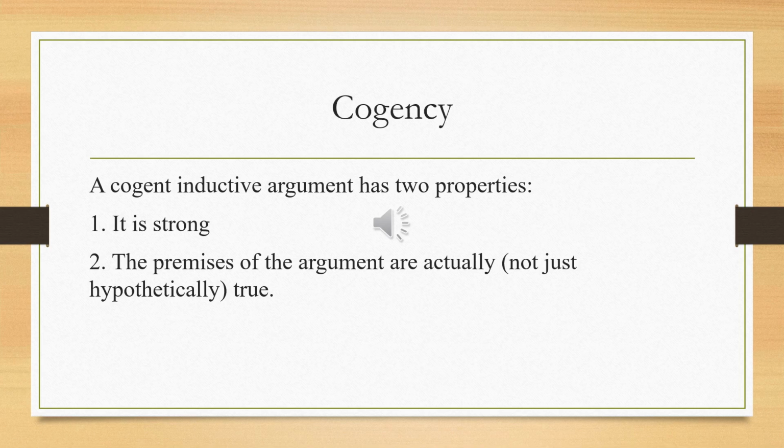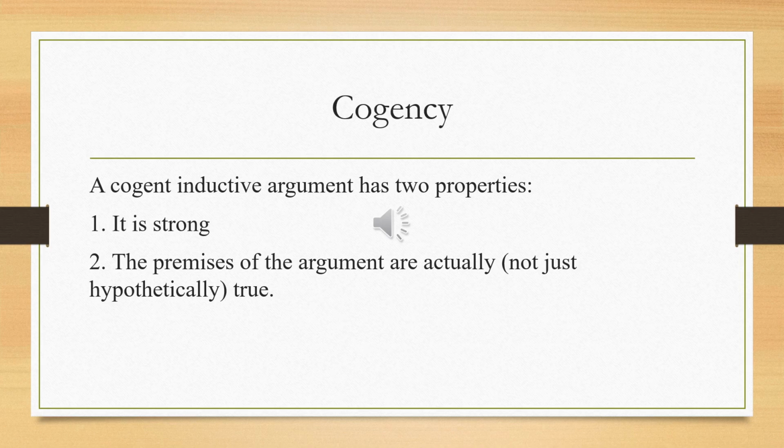Remember, to assess strength, we were content to remain within the realm of hypothetical truth. If the premises were true, where would they lead? Well, if the argument is strong, we know if the premises were true, the conclusion would probably be true.